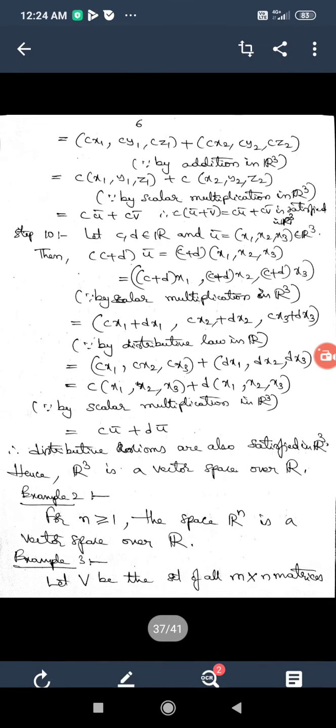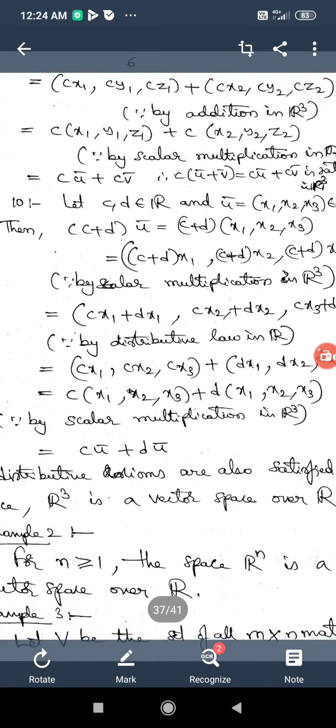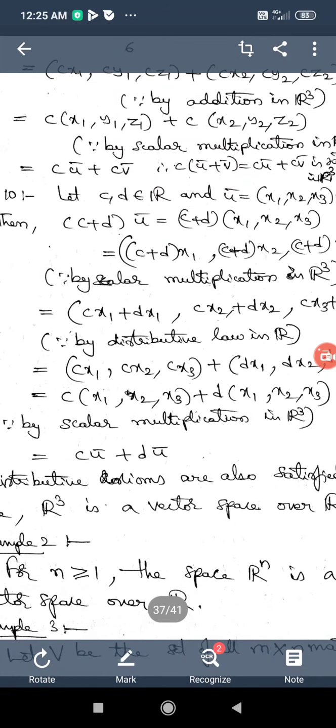Now by using the scalar multiplication in the set R3, we can write these two vectors as c of x1, y1, z1 plus c of x2, y2, z2, and these are nothing but cu bar plus cv bar. Finally we could prove that c of u bar plus v bar is equal to cu bar plus cv bar.